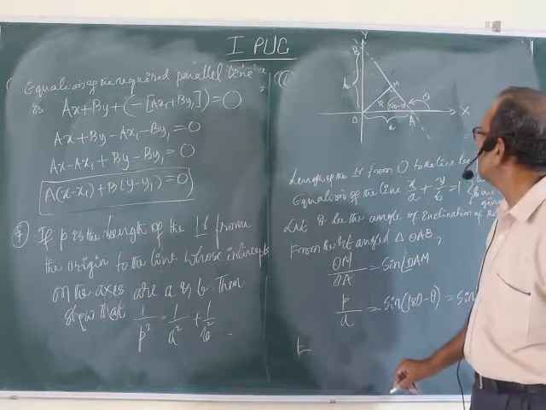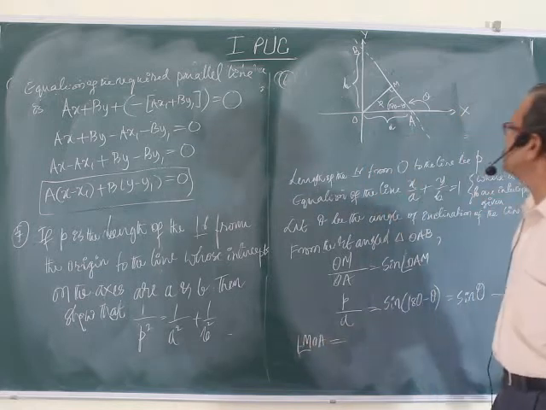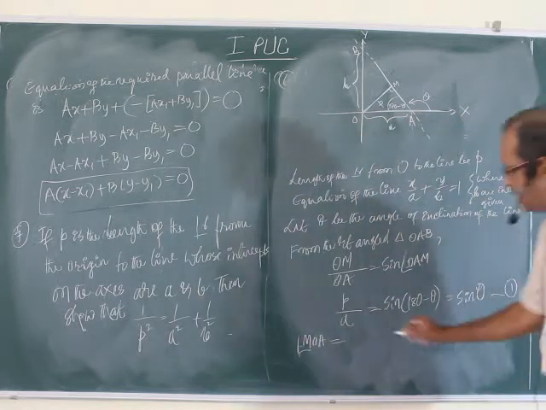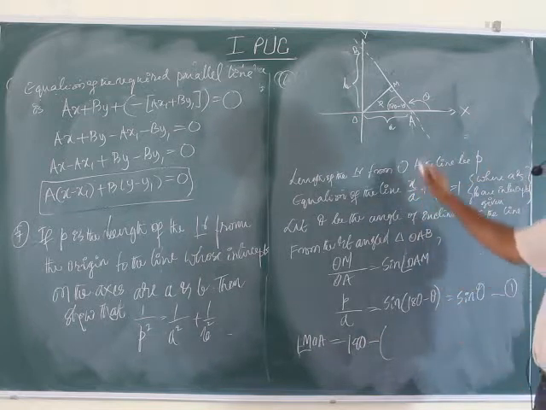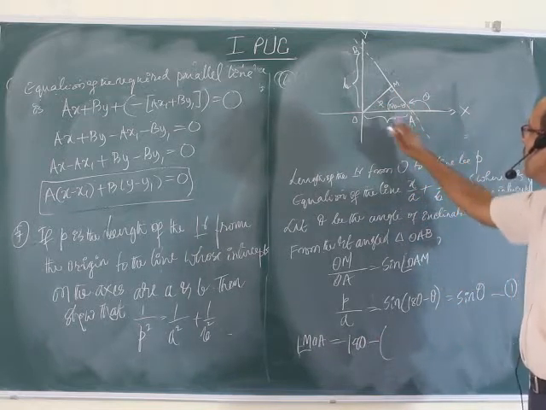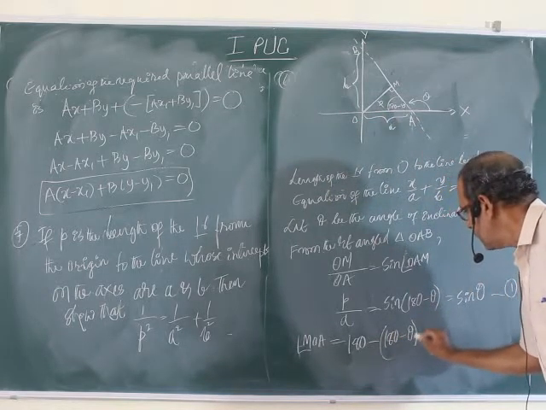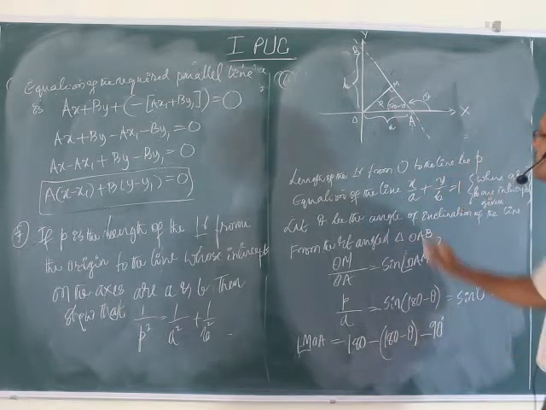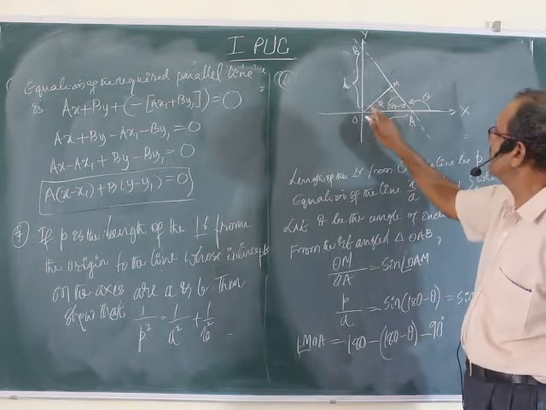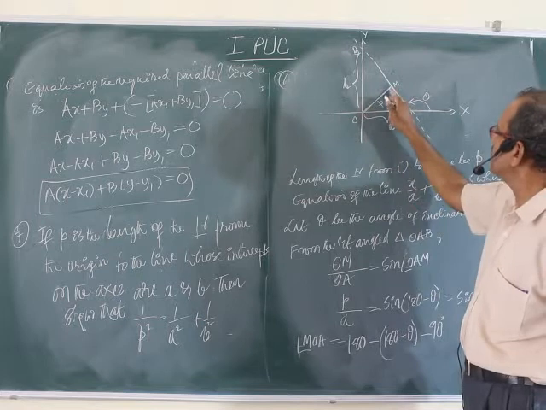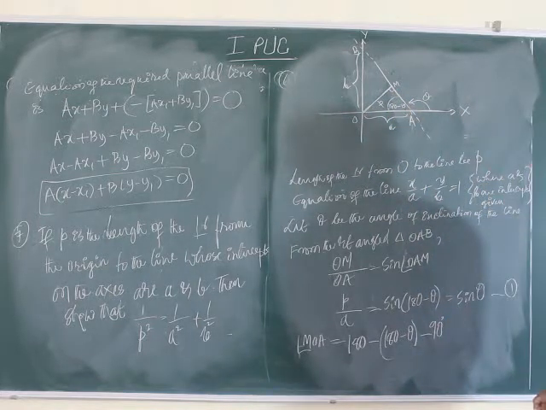Angle MOA equals 180 minus 180 minus theta minus 90 degree, since the sum of all the three angles should be 180.